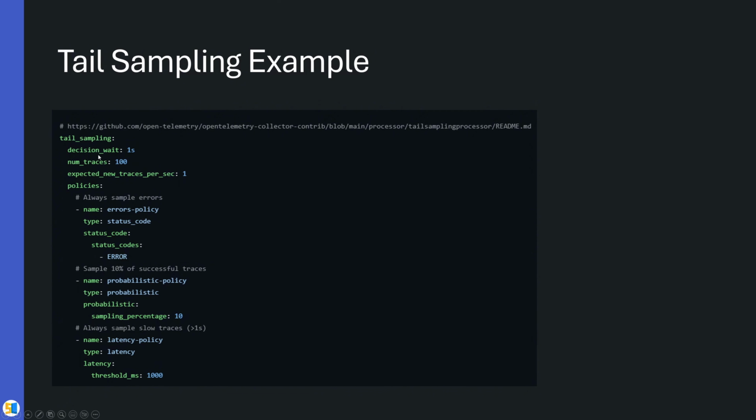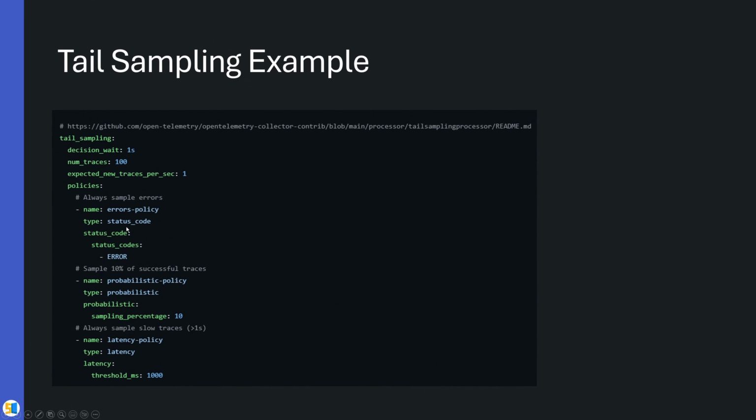The first one is decision wait, which is how long it needs to wait until it makes the decision. Second is how many traces need to be kept in memory. And the third one is the number of expected new traces per second. And then the policies.